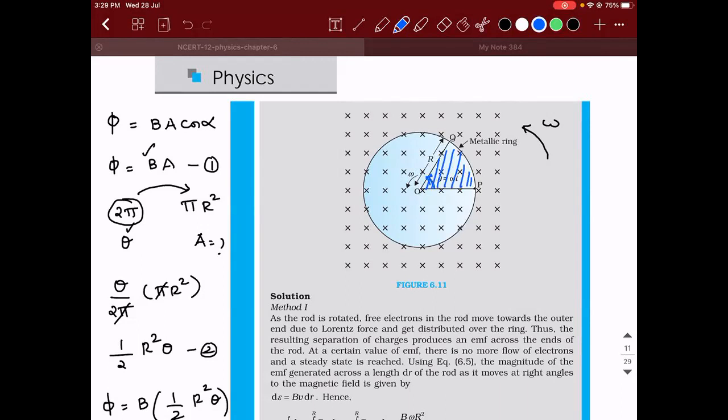If I call that area as A, you need to cross multiply. It is the unitary method. So theta into pi r square is equal to area into 2 pi. So area will be equal to theta divided by 2 pi into pi r square. Pi and pi will get cancelled. Theta by 2 into r square is the area. Okay, sir. Understood.